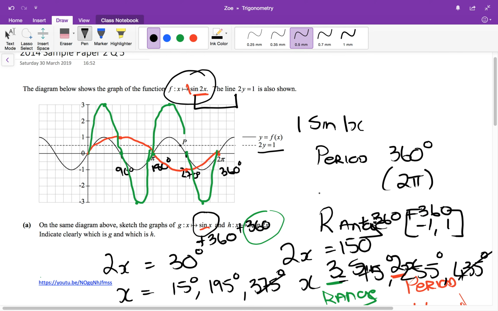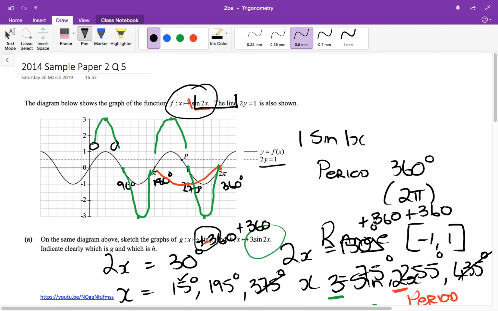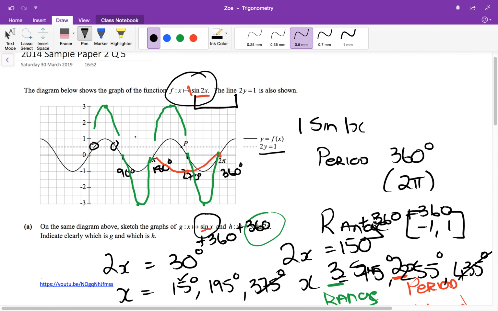Okay, so if I scroll back up, it's actually handy that this is coming with me. So the first time they intersect here, that's our 15 degrees. The second time they intersect here is this one over here, which you can see just there is 75 degrees. So that second one is 75.